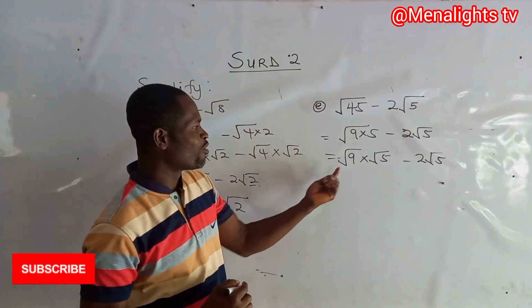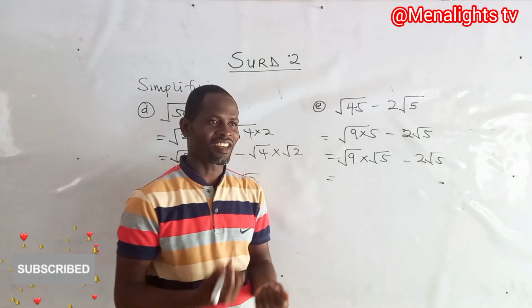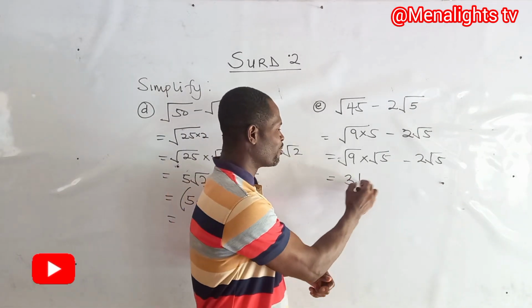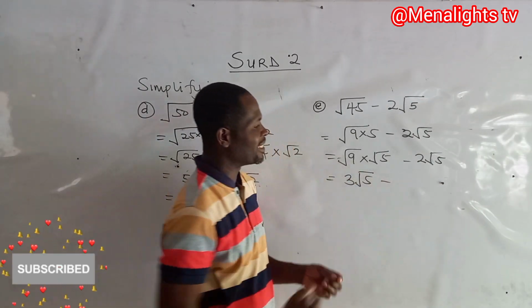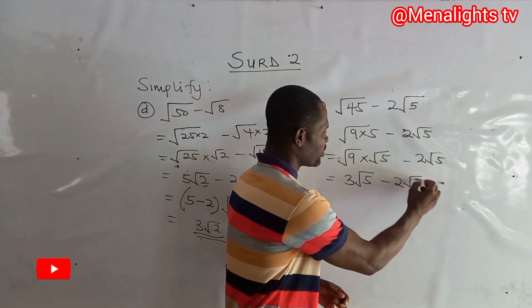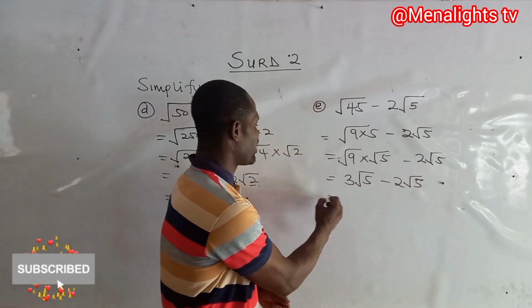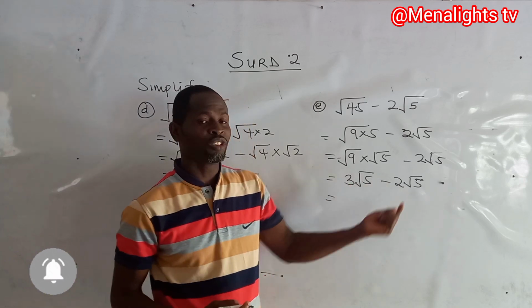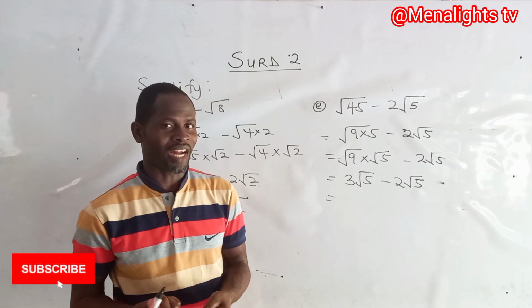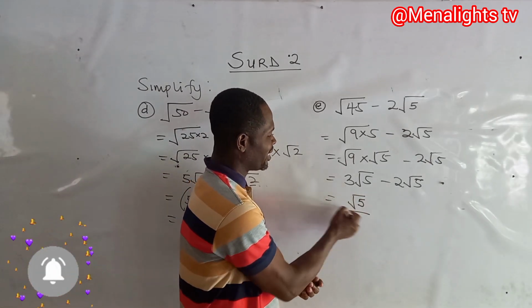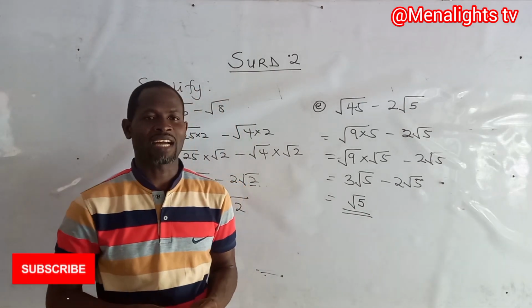So here we have the root of 9 is 3 because we have exact value there. So 3 root 5 minus 2 root 5 there. Then from there we have 3 minus 2 which will give us 1. So it's the same as the root of 5 there as the final answer.